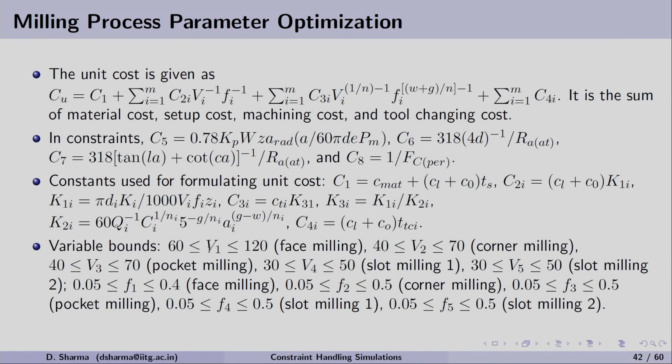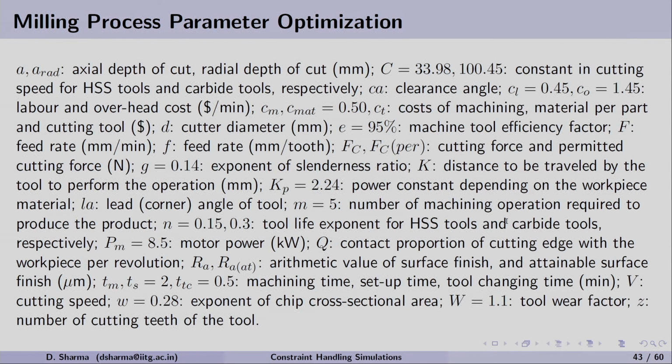Now, we can see the 10 variables, for example, V1, V2, V3, V4. This is the speed, and F1, F2, F3, F4 and F5 are the feed. So, basically we have 10 variables and we can see the range of each and every variable at the bottom. These are some constants that are needed for calculating the cost as well as the constraints.